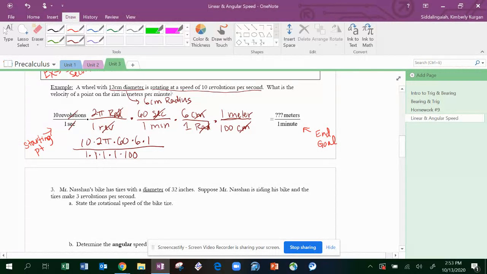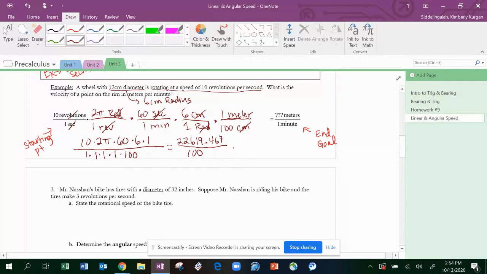If I pull out my calculator, I'm looking at 10 times 2 pi times 60 times 6. The numerator ends up being 22,619.467, because there's no nice way around that, divided by 100, because 1 times 1 times 1 times 1 times 100 is just 100.